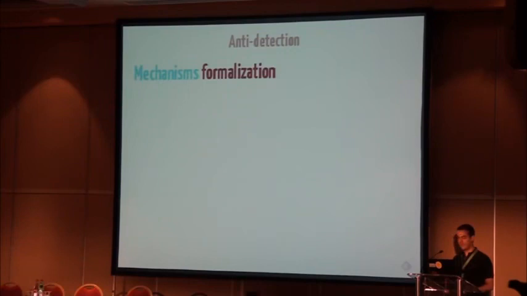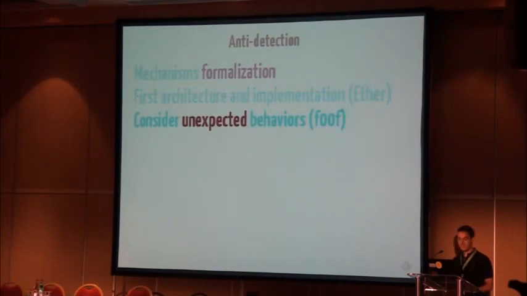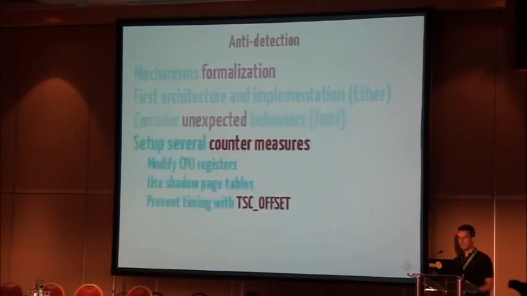It formalizes the detection methods and anti-detection methods and proposes the first architecture and implementation named ATER, which considers unexpected behaviors and sets up several countermeasures, such as modifying CPU registers to hide its impact, using shadow page tables, which are not under the control of the VM, and preventing timing with TSC offset, which is a feature with VTX.